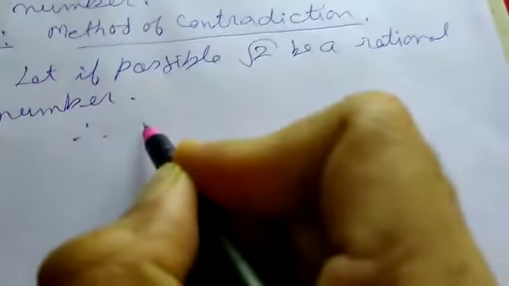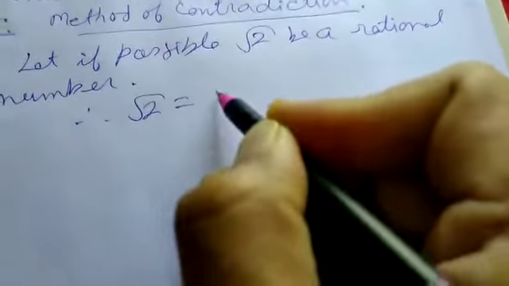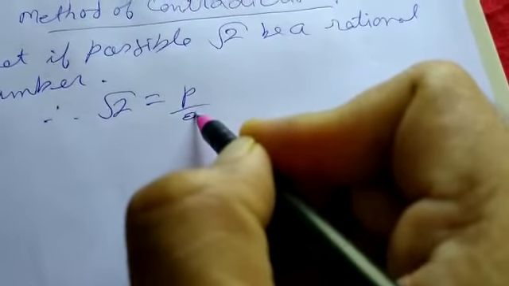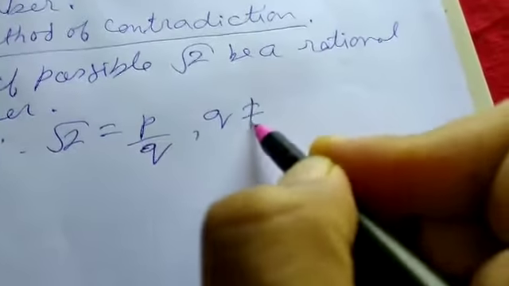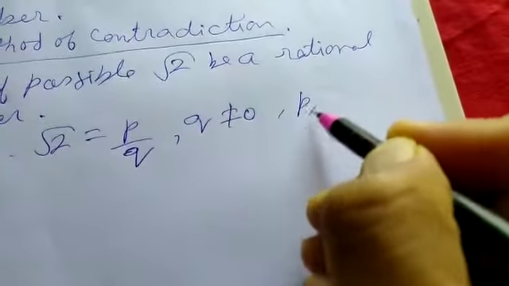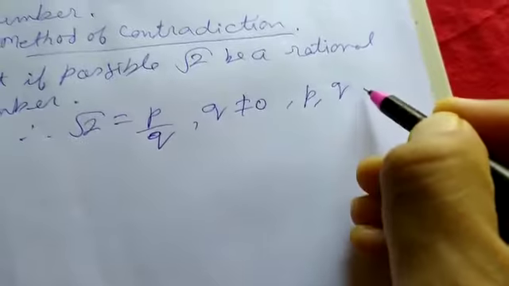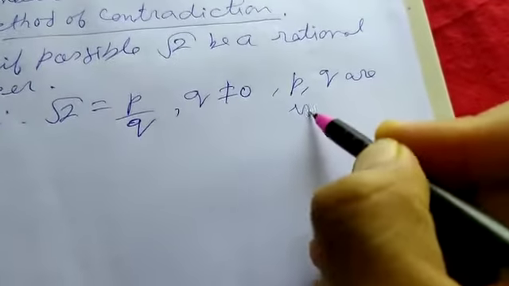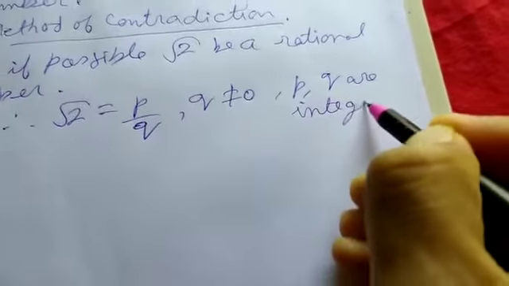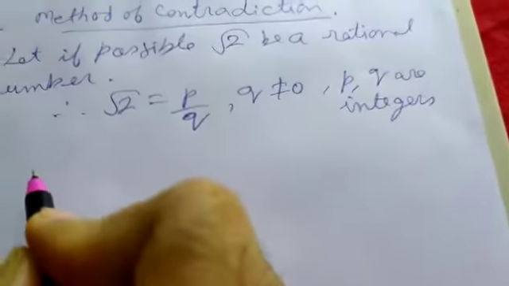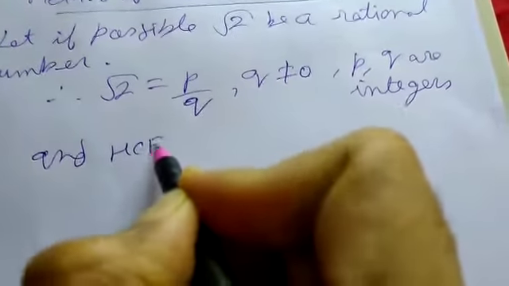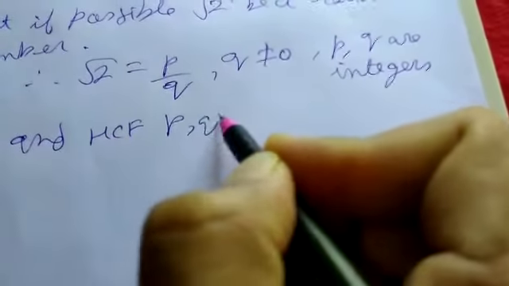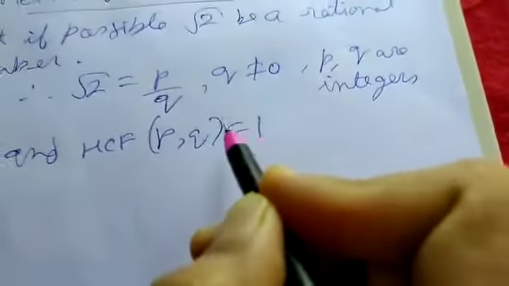Therefore, root 2 equal to p over q, q is not equal to 0, p and q are integers, and HCF of p and q is equal to 1.